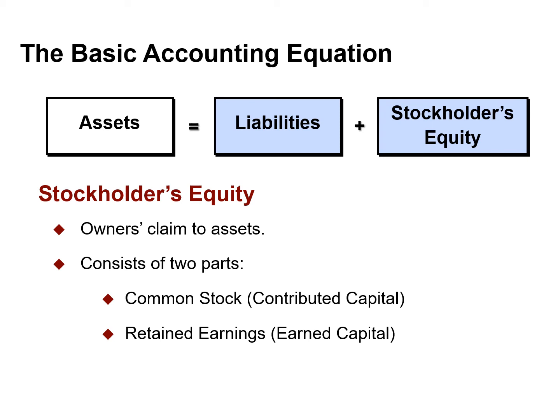Common stock is the term used to describe the amount paid in by stockholders for the shares they purchased, and retained earnings represents the income that has been retained or reinvested in the business. The retained earnings section of the balance sheet is determined by three items: revenue, expenses, and dividends.